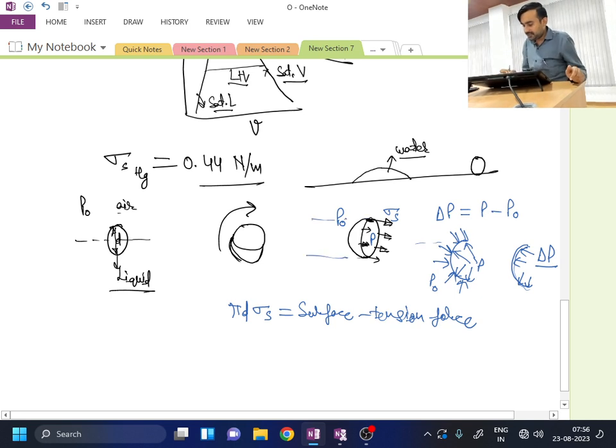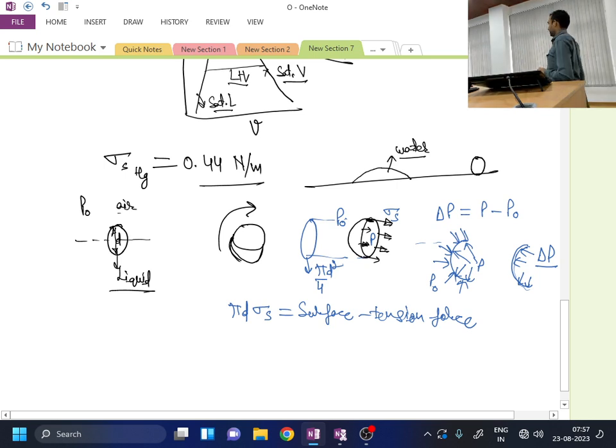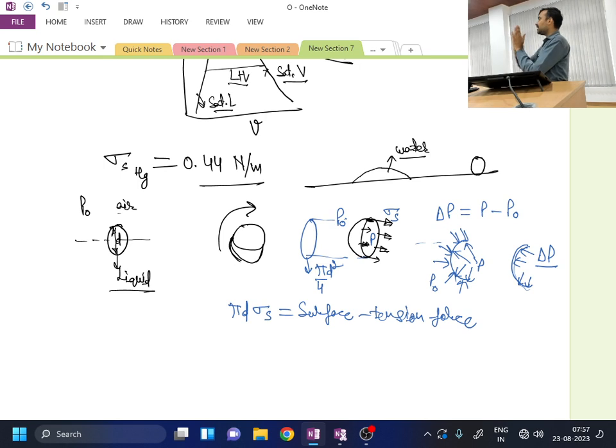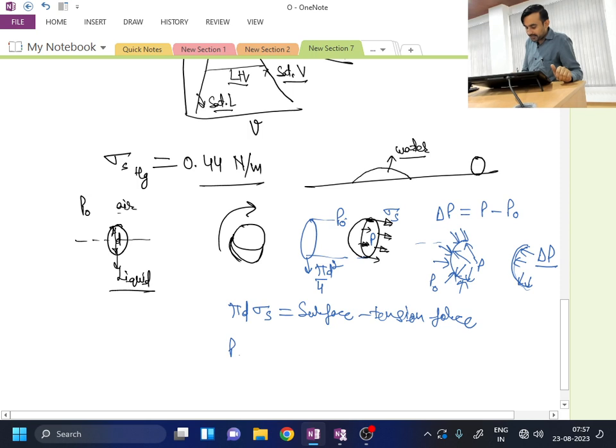So in this direction, the projected area of the sphere is nothing but pi by 4 d square. Okay, so ultimately on this projected area pressure is acting. Okay, so pressure force over here is how much?